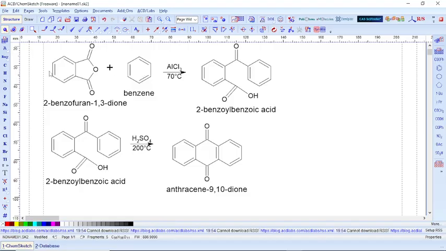But it is not a one-step reaction, because the first reaction will lead to benzoic acid. Then the benzoic acid will further undergo a dehydration reaction with sulfuric acid to give us the anthracene-9,10-dione. So this is, let me call it, a two-step reaction.